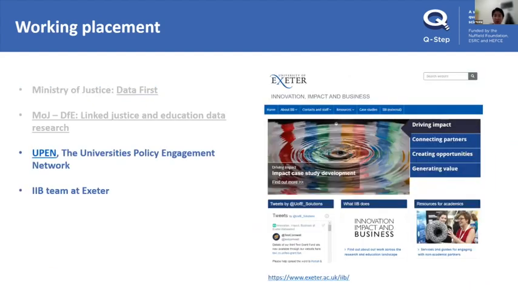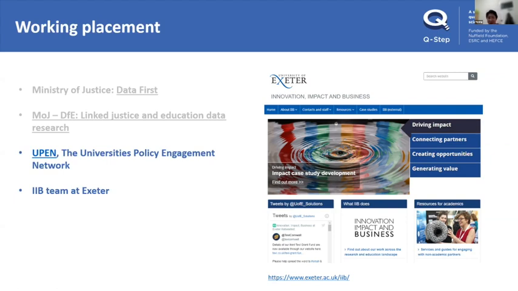UPEN is a community of UK universities committed to increasing the impact of research on policy. Again, I've attached the homepage here. If you're interested, you can simply click and have a look.